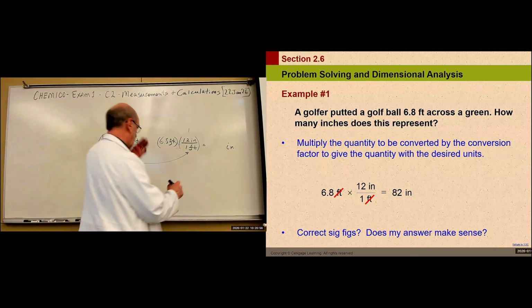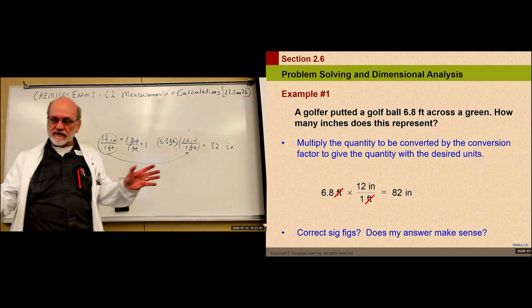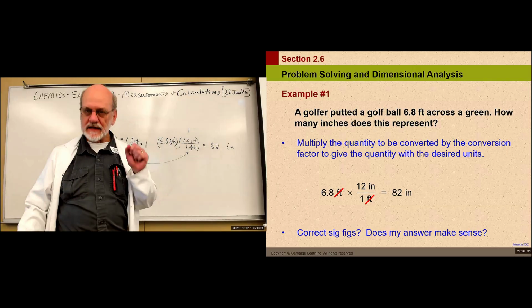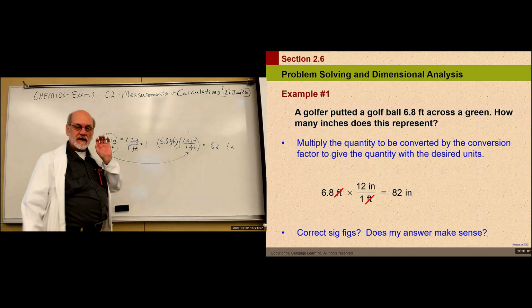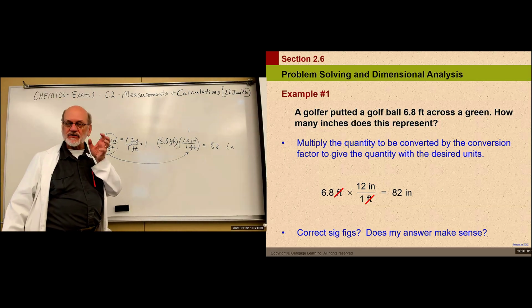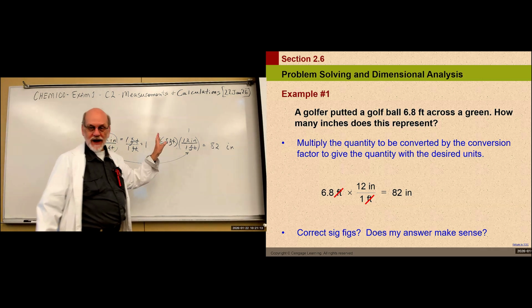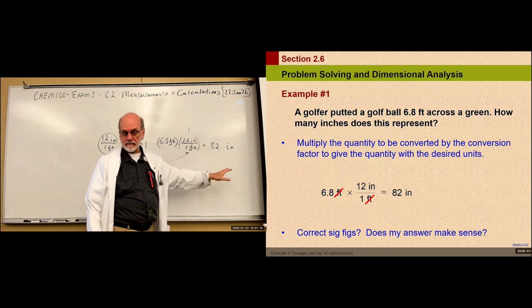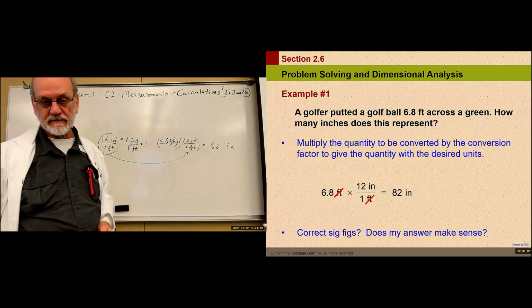82 inches. It's the same distance. 6.8 feet is 82 inches. We simply analyze the dimensions of our problem to arrive at an answer. Does my answer make sense?